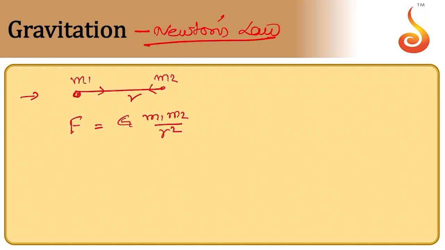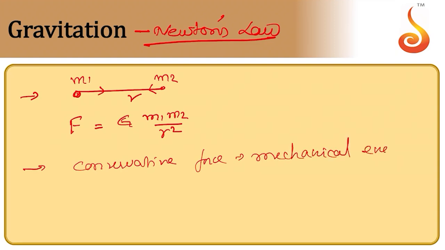This is an attractive force. Remember, as it is a conservative force field, mechanical energy is conserved. And remember, this is also a central force field. The angular momentum is also conserved.